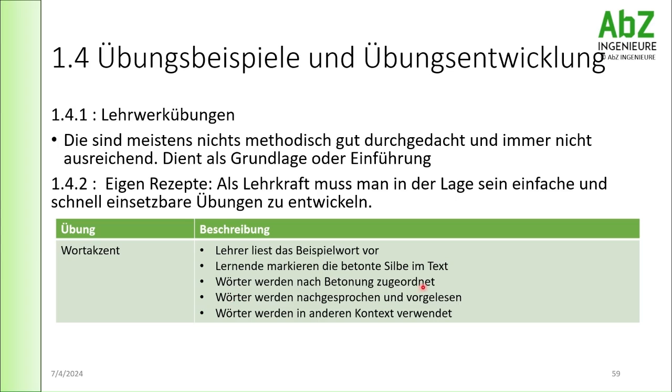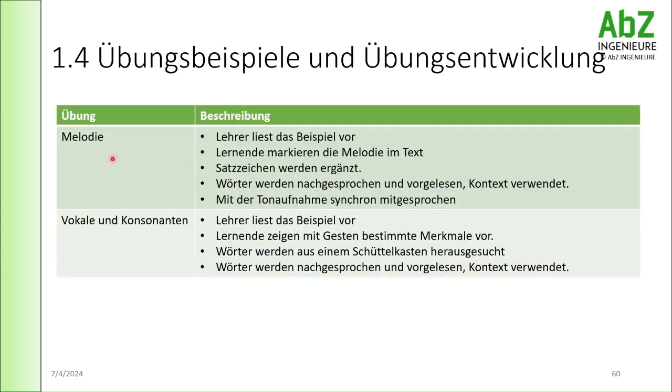Wörter werden nach Betonung zugeordnet, so they are supposed to order the words according to their tone. Then the words are nachgesprochen, vorgelesen, they are going to be repeated and then read out again. Wörter werden in anderen Kontext verwendet, they are going to be used in different contexts. So this is how you can teach them word accent Übung.